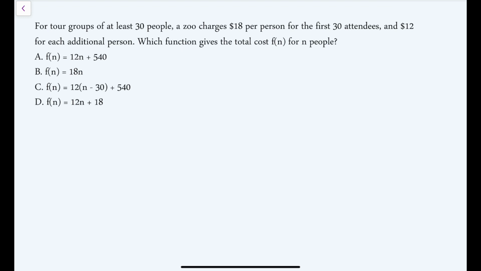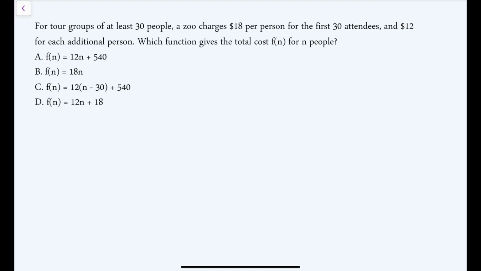For tour groups of at least 30 people, a zoo charges $18 per person for the first 30 attendees and $12 for each additional person. Which function gives the total cost F of N for N people? Okay, same idea as the problems before. F of N is the total cost for N people.